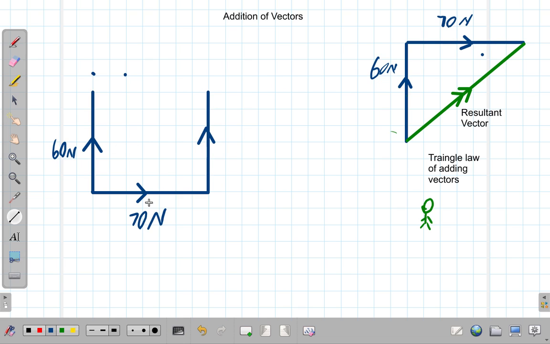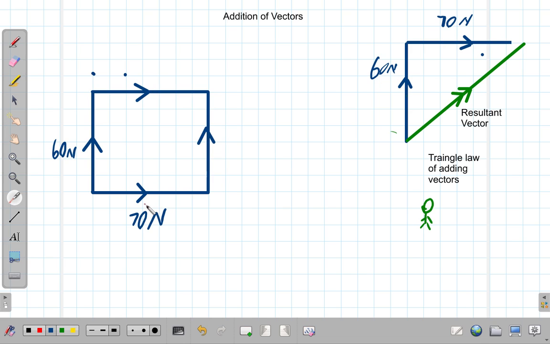Then the 70 newtons, you draw from here. 1, 2, 3, 4, 5, 6, 7. So this is your 70 Newton vector. So remember, this 70 Newton is the same vector. This vector for 60 Newton is the same vector.